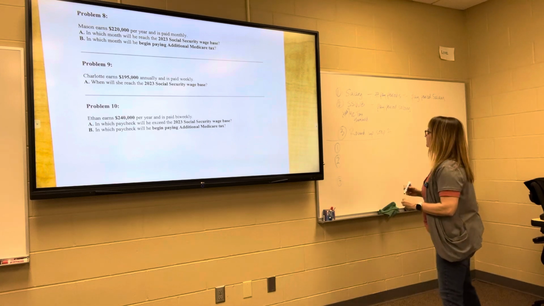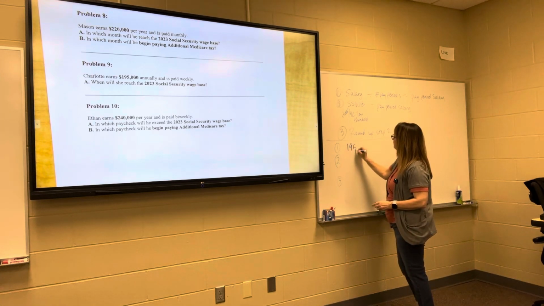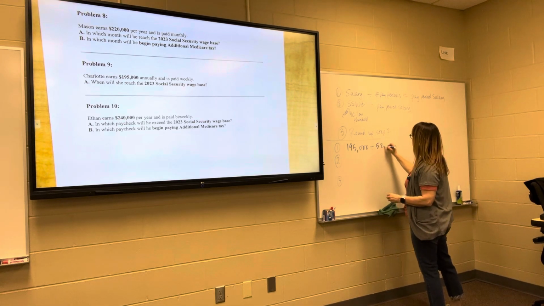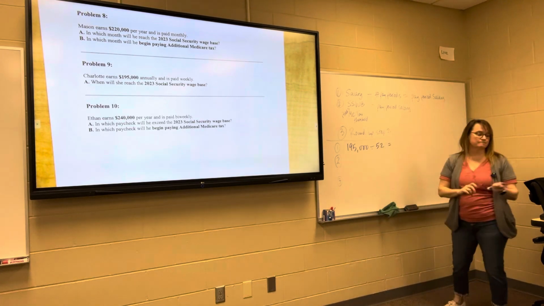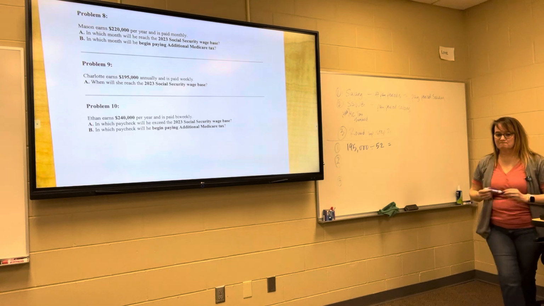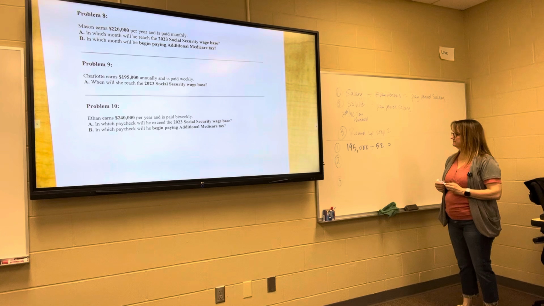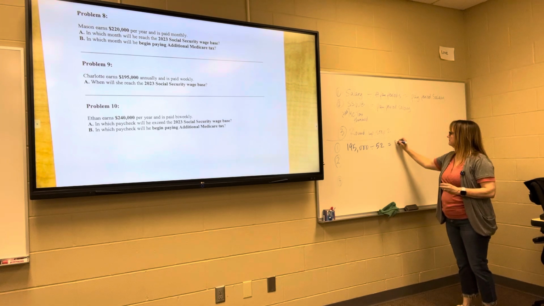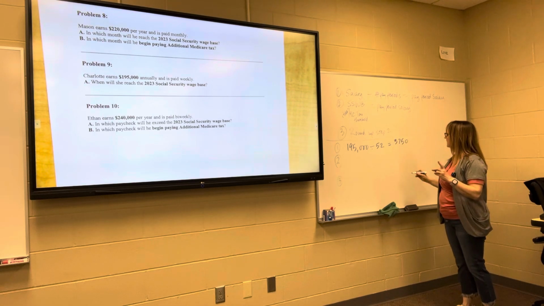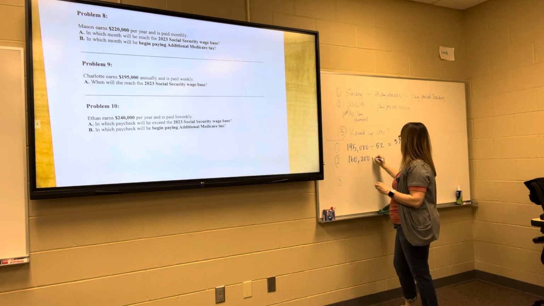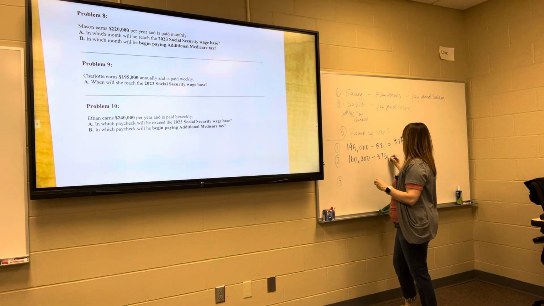Charlotte, 195 paid weekly divided by 52. $3,750. Okay, and then 160,200 divided by 3750.